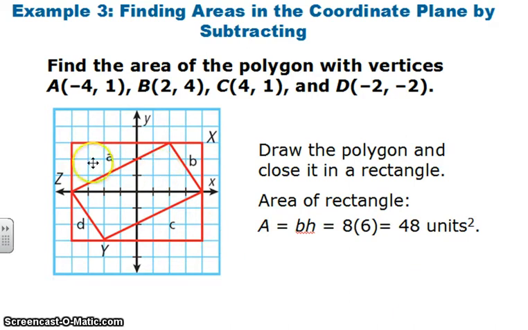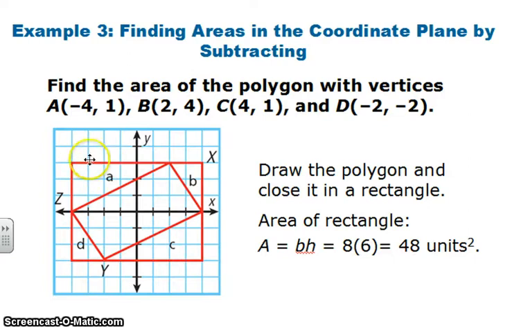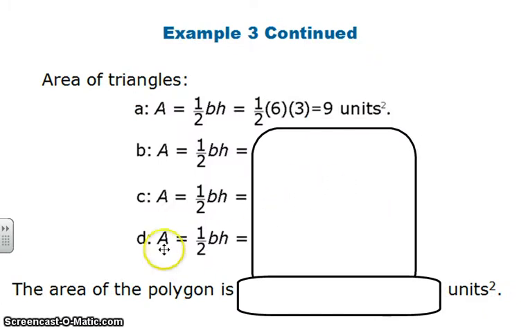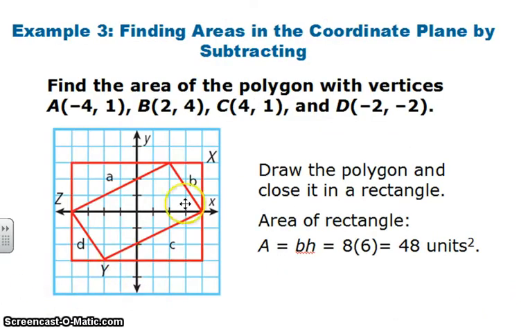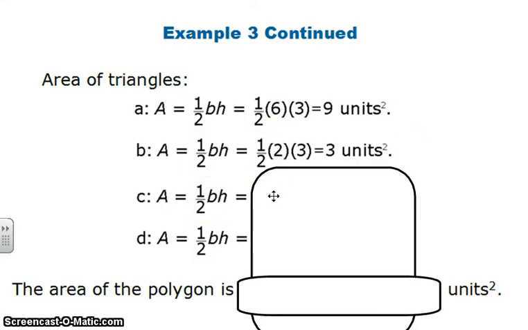Now what they're going to do is show you that you can use the base and height, all of these legs that are right angles, to find the areas of these triangles and subtract. So the first triangle, A, we could say has a base of 3 and a height of 6. Half of 6 times 3. B has a base of 2 and a height of 3. So half of 2 times 3.